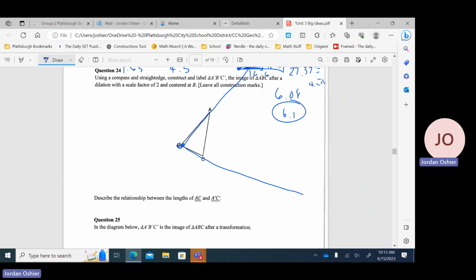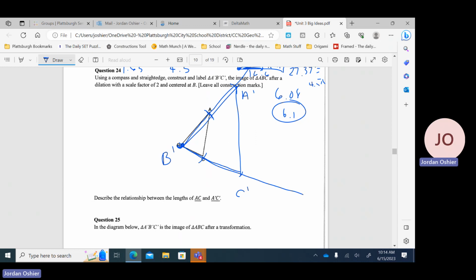In this case, that's just A and C. Then you grab your compass point at B, you set your pencil at A, and that counts as 1. You then move the compass point to A and copy it again. That is A prime because that's a dilation of 2. You do the same thing for C. That's now C prime. You connect, label B as B prime because that stayed right where it was, and that would be a dilation of 2.